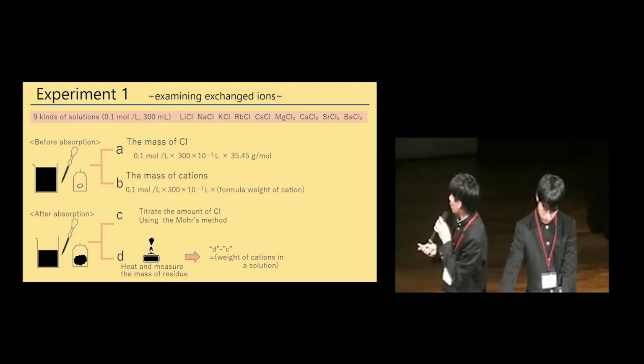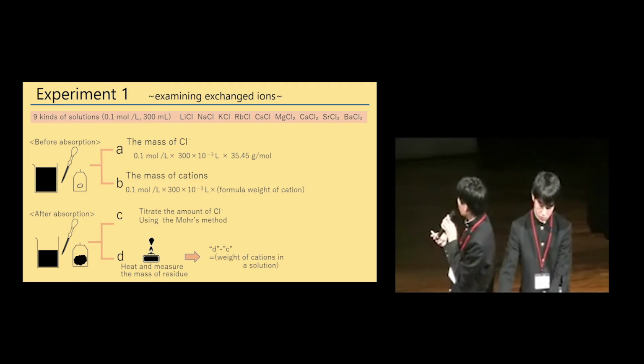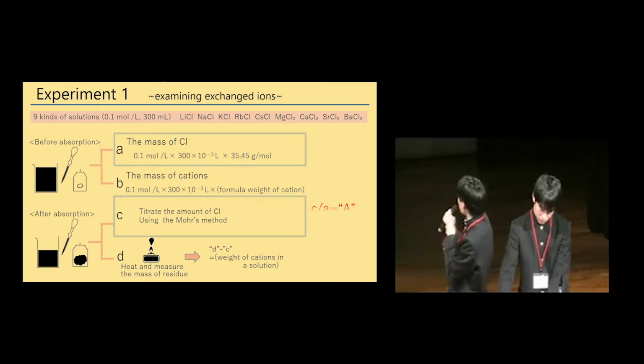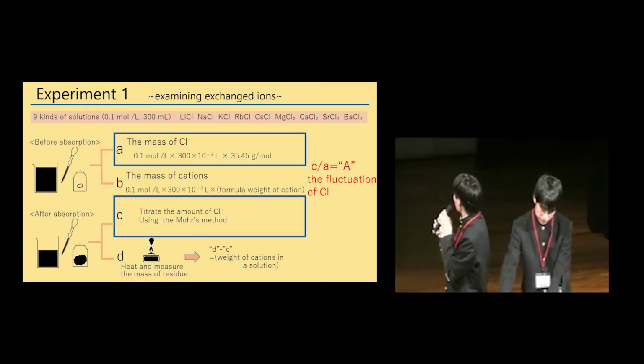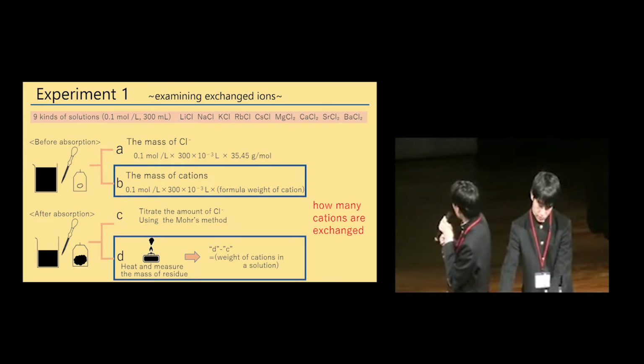Then, after removing the tea bag from the solution, we titrated the amount of chloride ion by the Mohr method. Moreover, we heated the remaining solution to evaporate the water. We define C over A as large A and examine the fluctuation. Comparing B with D, we can examine how many cations are exchanged.